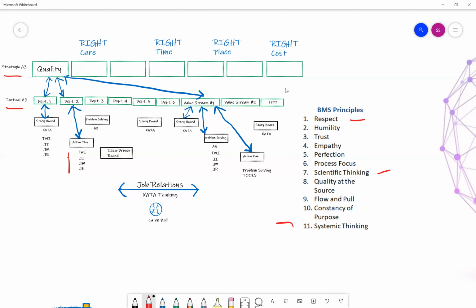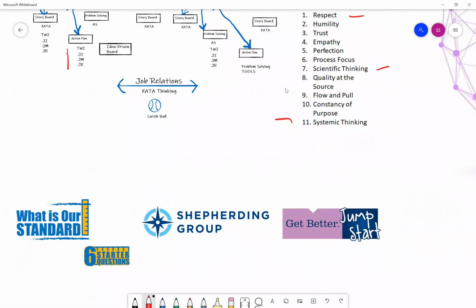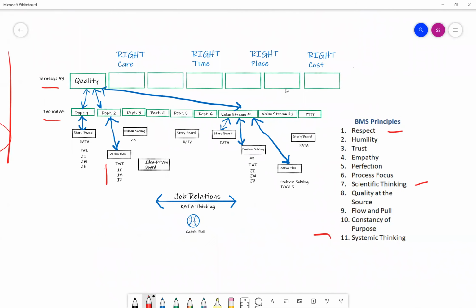Now, are there other pieces that will come into play as we're deploying this information? Oh yeah, we're going to probably run into a strong need for standardization, or we're going to need strong shepherding groups to make sure that the work is aligned correctly. We might need an intense improvement effort, and we call that Get Better Jumpstart. But it ultimately all must be anchored to our strategic A3s right here.